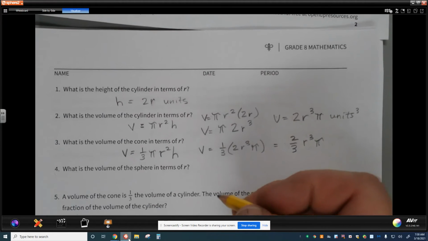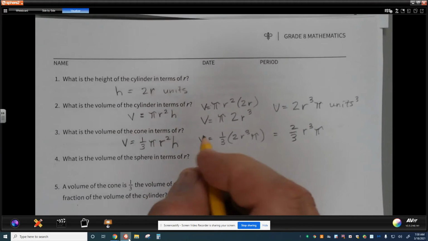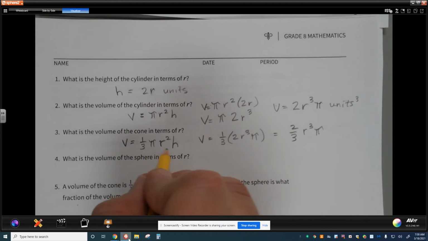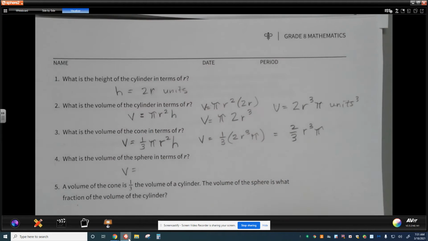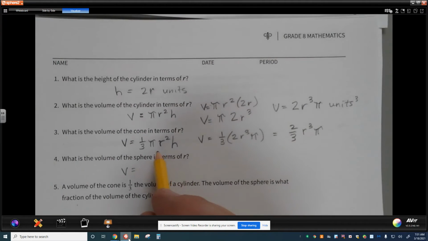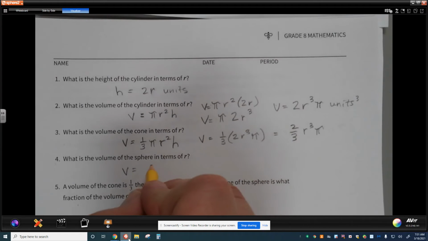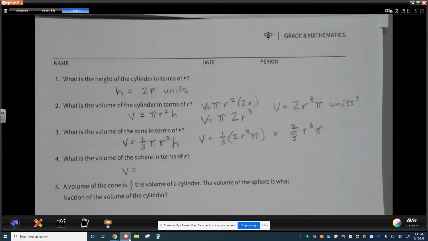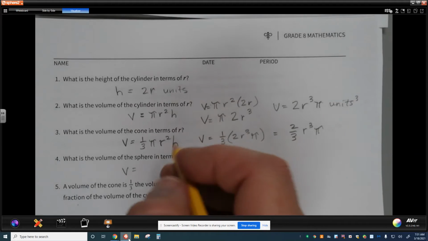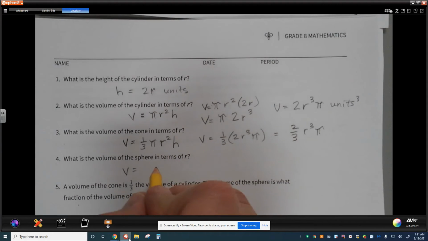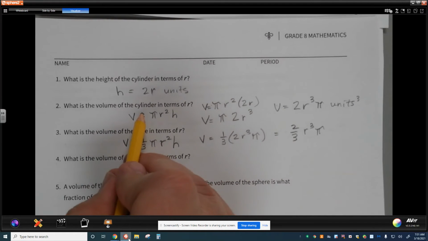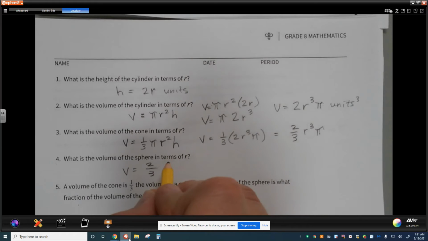Now when we get into the volume of a sphere, remember that the volume of the sphere is going to be 2/3 the volume of the cylinder. Sorry for that interruption.